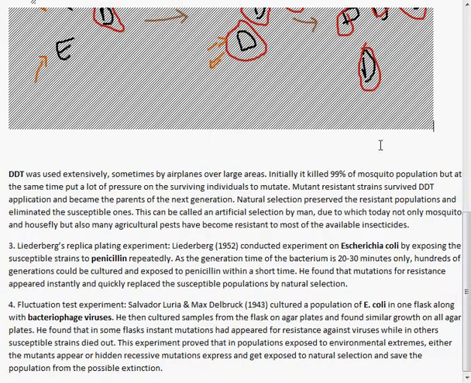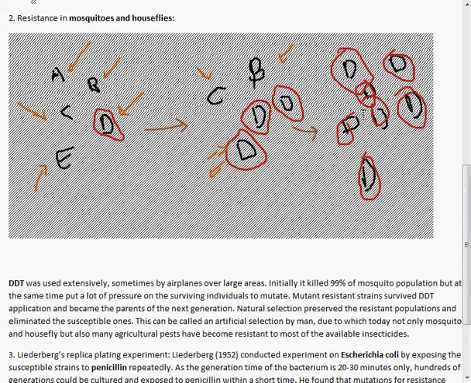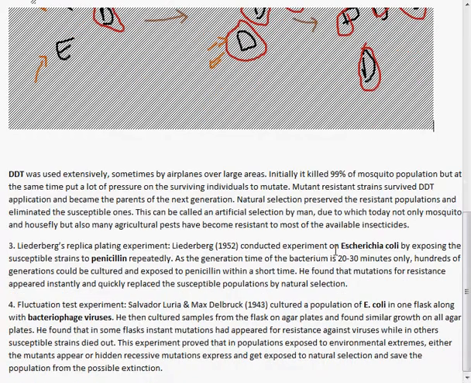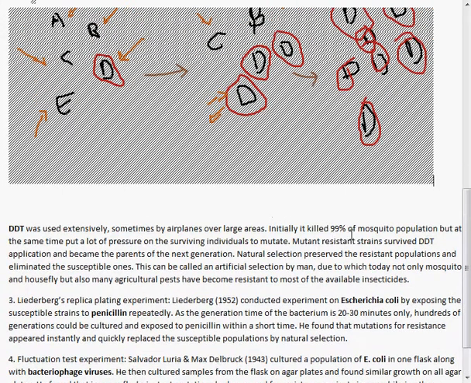Now the same thing is with the bacteria, Escherichia coli. They are susceptible strains to penicillins repeatedly, so the best get selected and they go on. Then the ones that eventually remain, like these Ds, are the ones which have a sort of protection against the penicillin, and in the previous case against the mosquito sprays, the DDT.